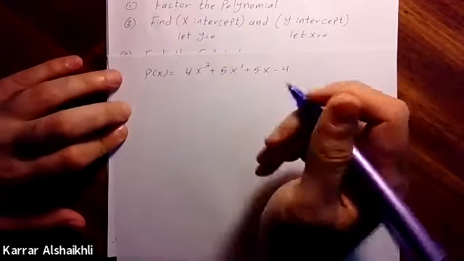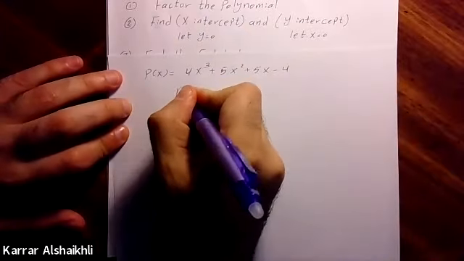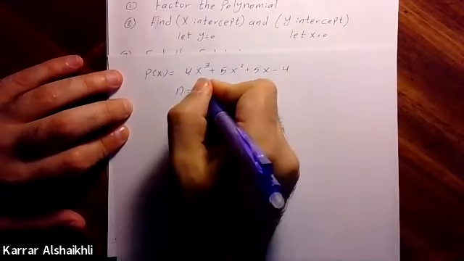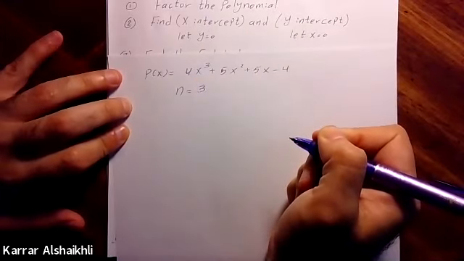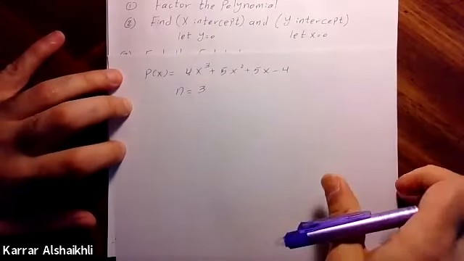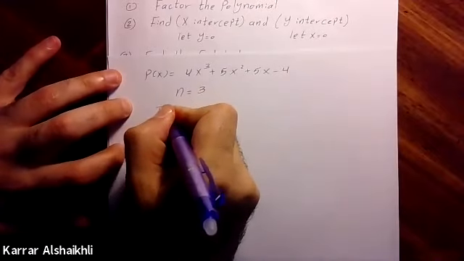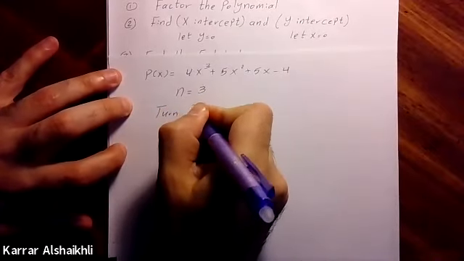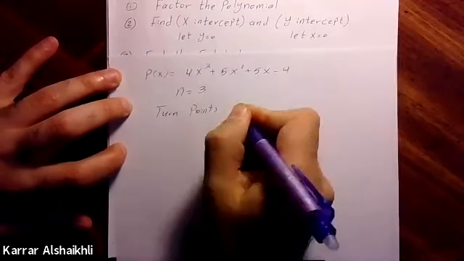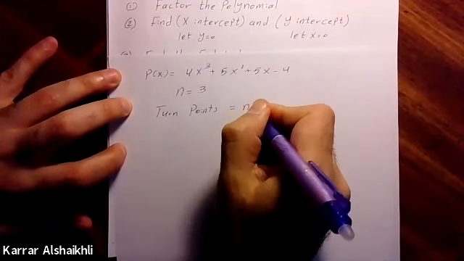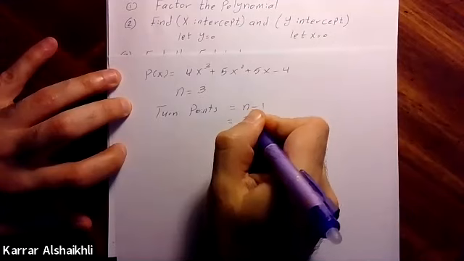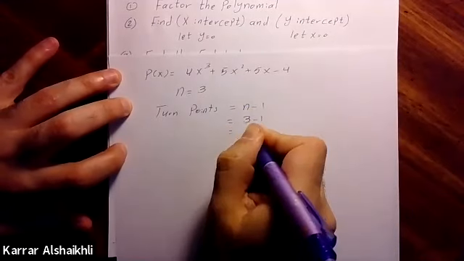If you have this polynomial function, n, which is the large exponent, equals 3. So to find the turning points, it's going to be n minus 1. So it's going to be 3 minus 1, which is 2.